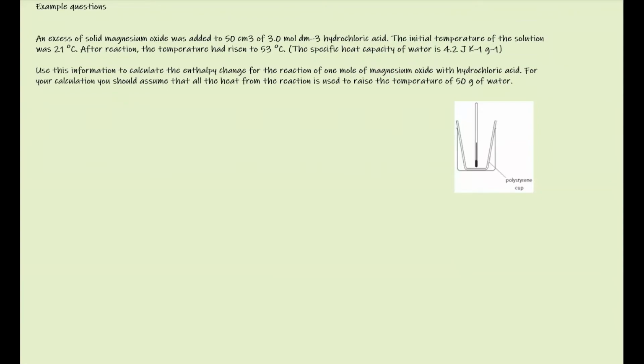Now, in order to apply this particular scenario to Q equals mc delta T, we do need to make a few assumptions first. Any solution that we have within our polystyrene cup calorimeter, and I have a diagram of that on the right hand side here, we'll have a solution in here.